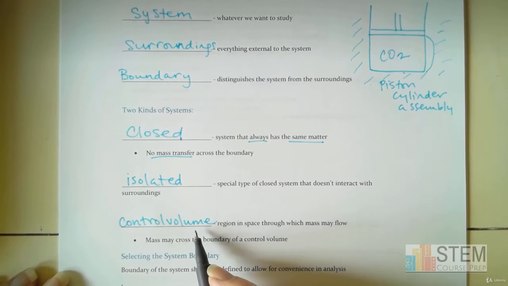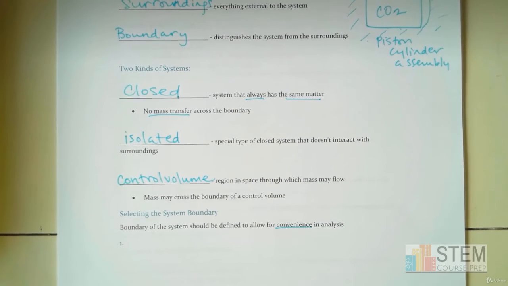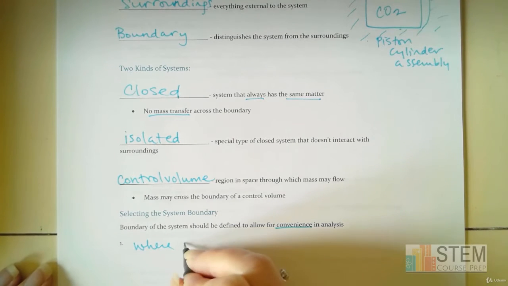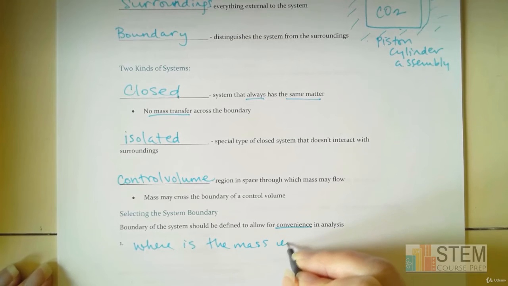Now when we have a control volume where we've got this mass flowing, we need to pick our boundary so that we have convenience. We want it to be convenient for us when we're doing our analysis. So there are a couple things we need to think of. The first one, or the main one, is where is the mass entering and leaving the system.